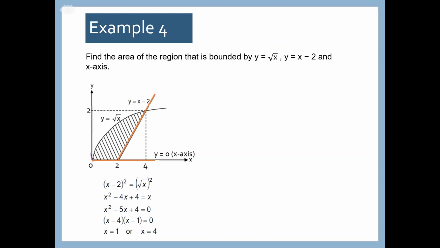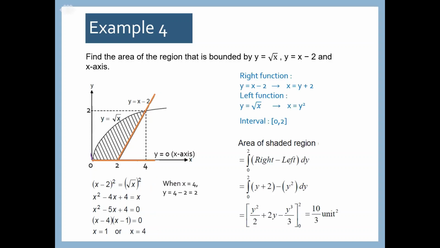Thus, the area that you need to find is shown by the following shaded region. As the shaded region is bounded by three functions, it will be easier to solve the area using the integration with respect to y, or in the short form dy. When using dy, you need to minus the right function with the left function, which are both in terms of y.